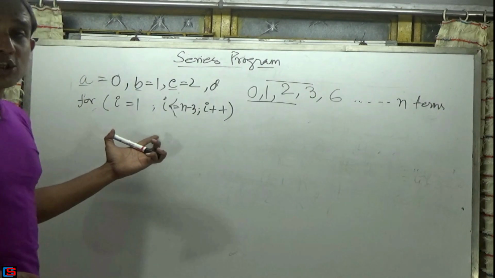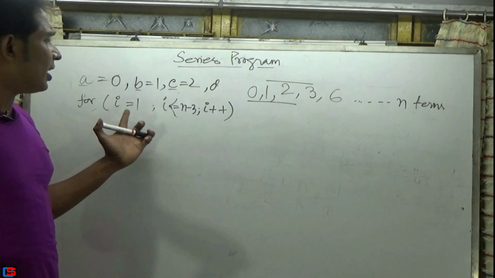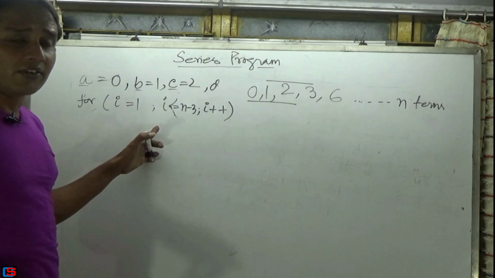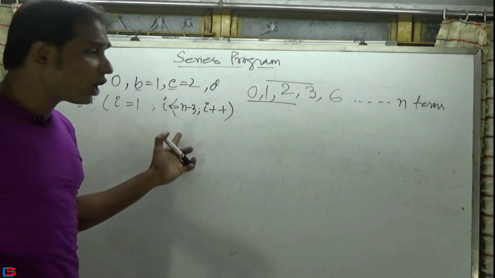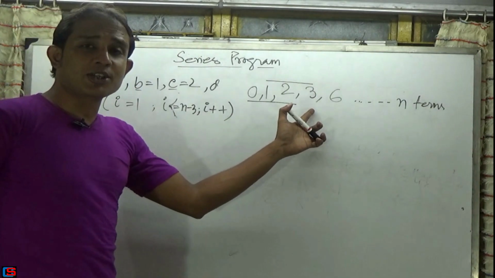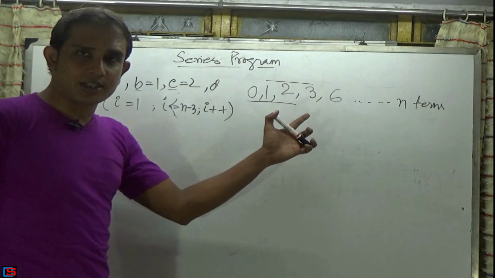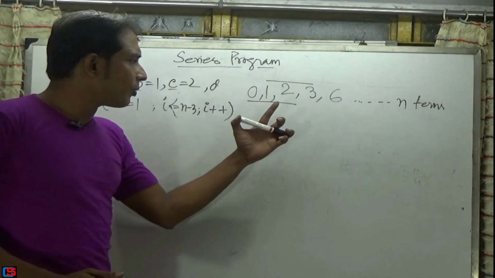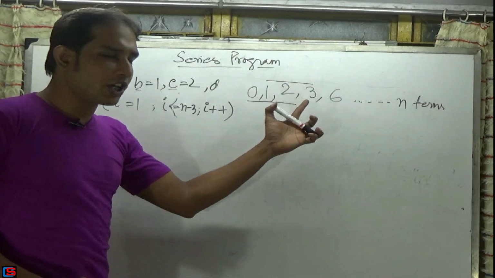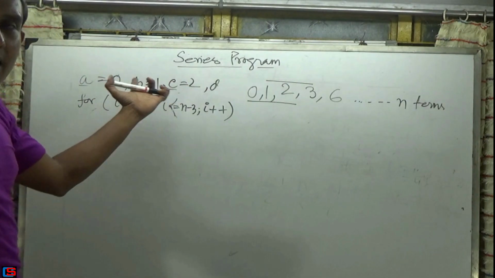In the Tribonacci series also, the LCV or loop control variable, which is I, is not related with the values which are printed. These values are related with the variables a, b, c.